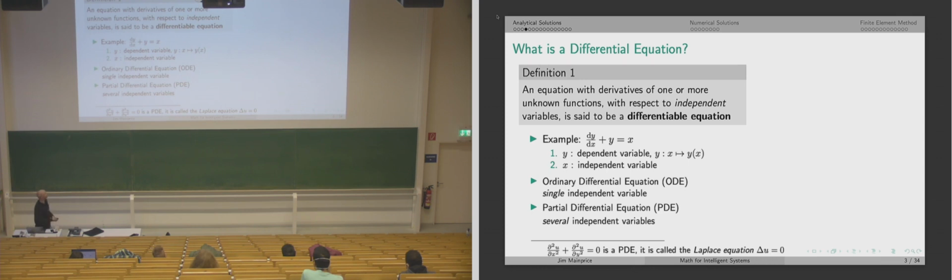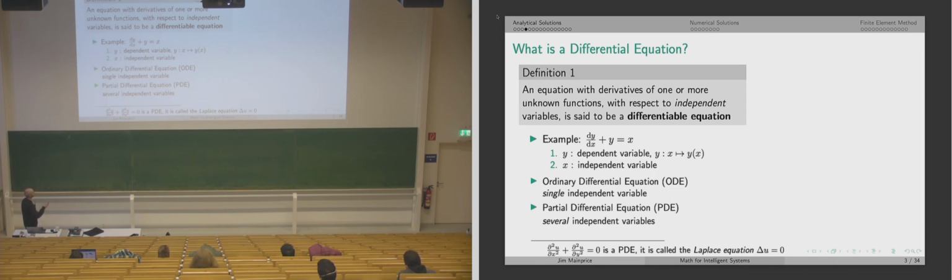So remember, partial derivatives are basically taking the derivative with respect to one of the independent variables and considering the other independent variables as constant.